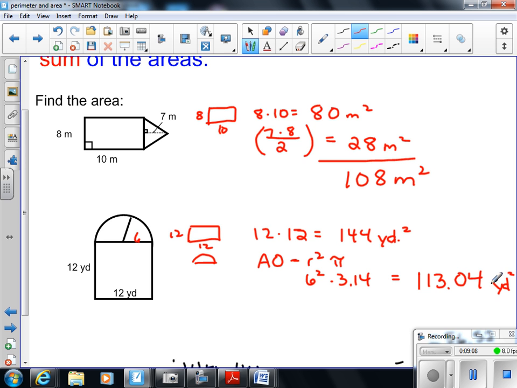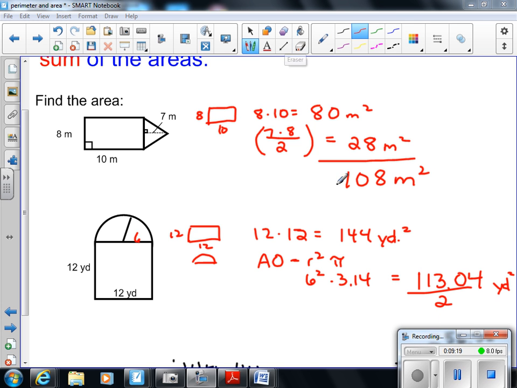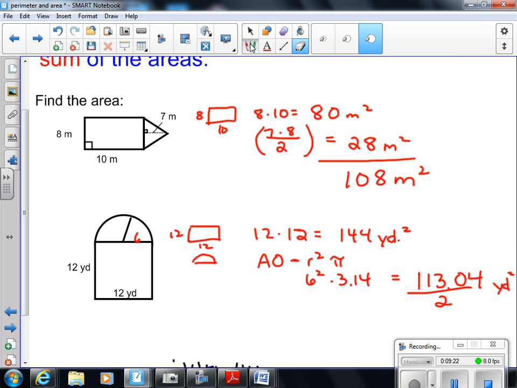Thumbs up if you agree with that. Okay, what do I still need to do with this circle? Okay, divide it by 2 or divide it in half, and what do you come up with? Okay, you get 56 and 52 hundredths.